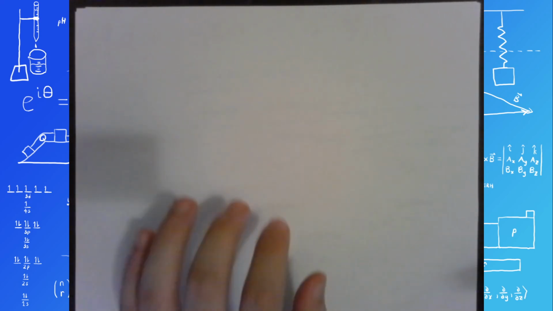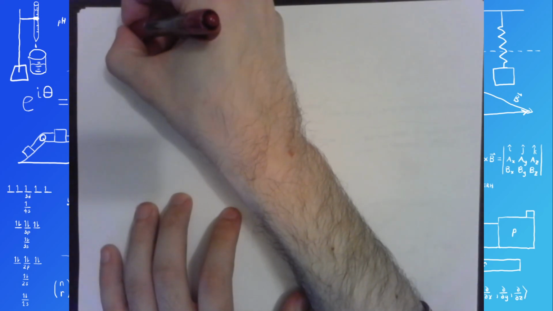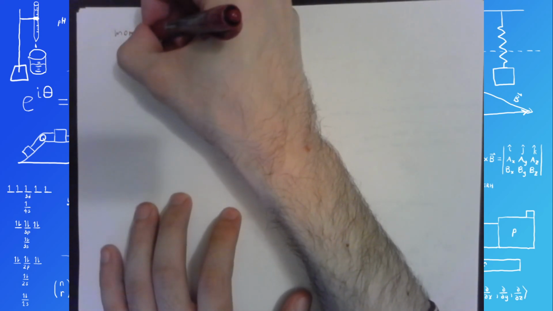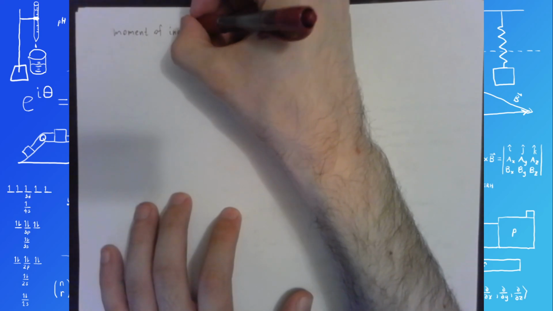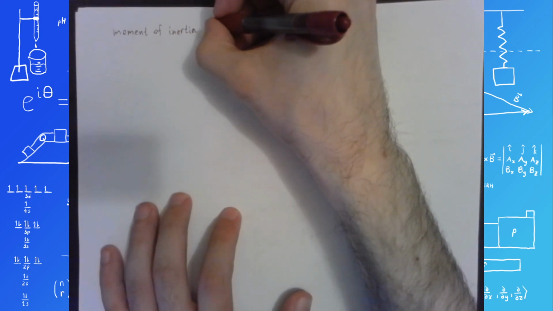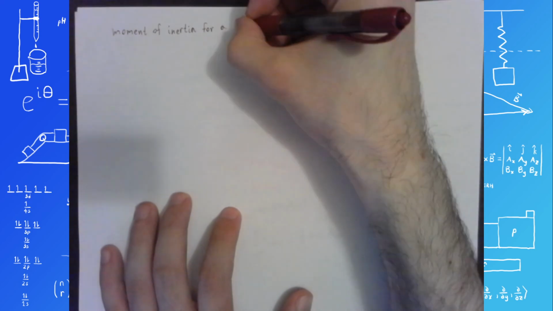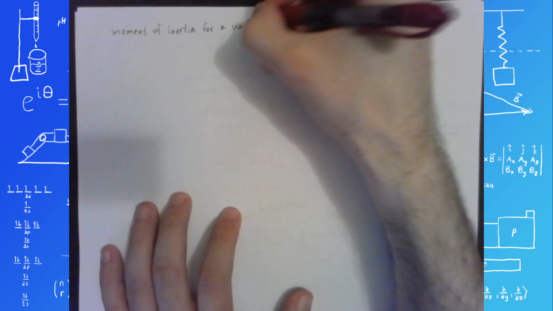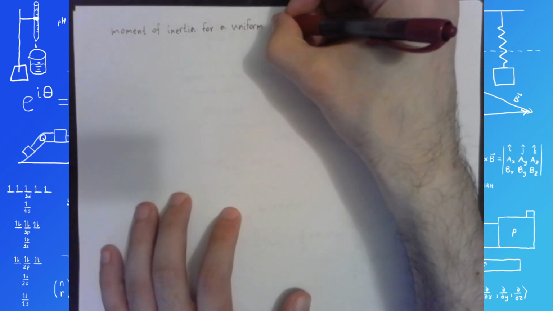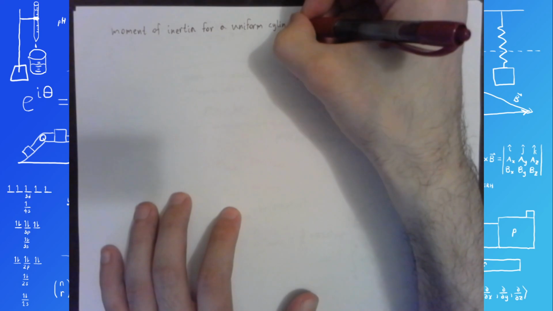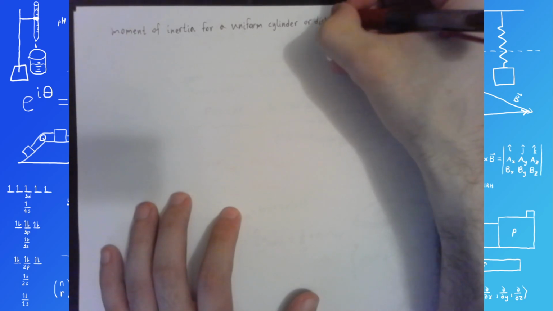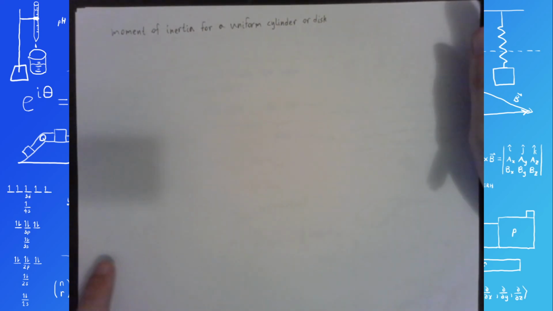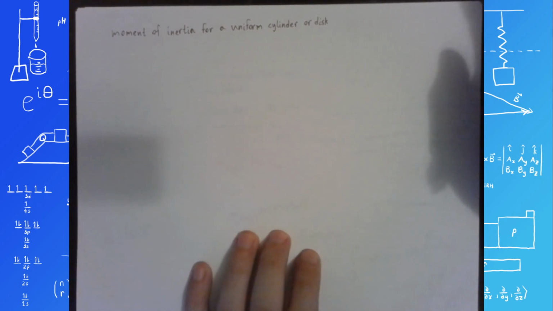Let's calculate the moment of inertia for a uniform cylinder or disk. A disk is just a really short cylinder, so they're basically the same thing.